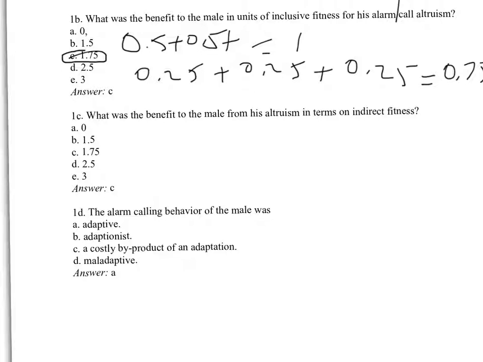Okay, so let's say he only saved his two sisters, but not his nieces and nephews. So that would be 1.5 to 1. Yeah, he'd be in trouble. He'd be losing 1.5 while gaining 1, right, exactly. So B would be minus 0.5, right?